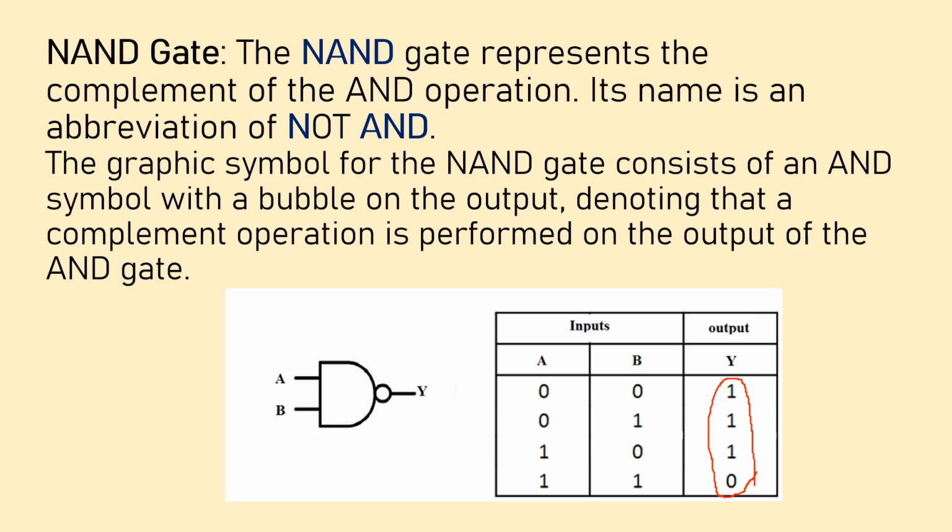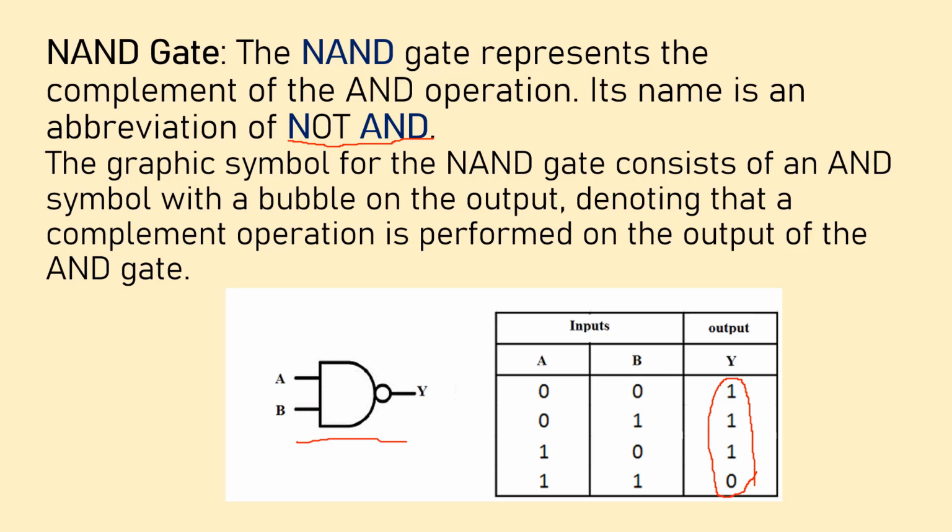And the name NAND gate has been taken from the abbreviation NOT AND, as there are two gates used to construct the NAND gate, the AND gate and the bubble that signifies the NOT gate. So this is the graphical symbol of the NAND gate.